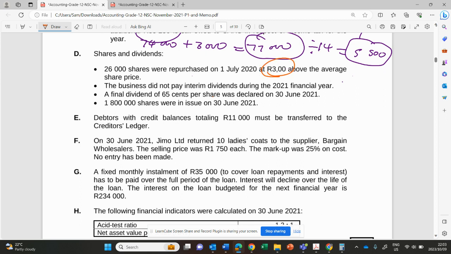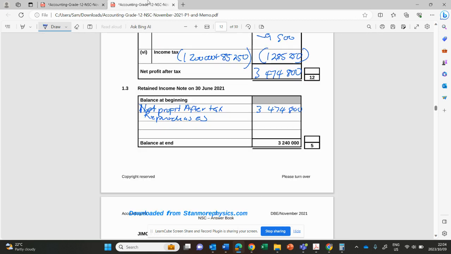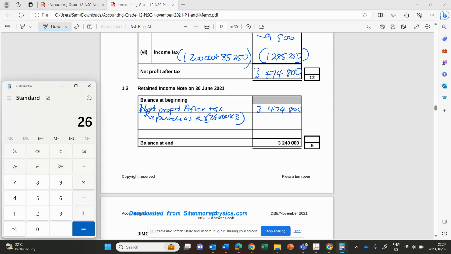The amount above the average is the one that we retained. This is the price that will need to be written under the retained income, the 3 rand, times the number of shares repurchased, which is 26,000. So 26,000 times 3 rand, we get 78,000.